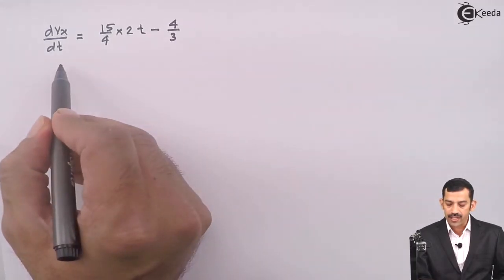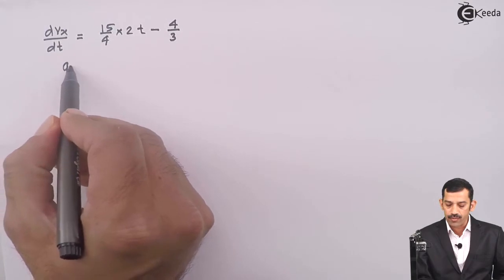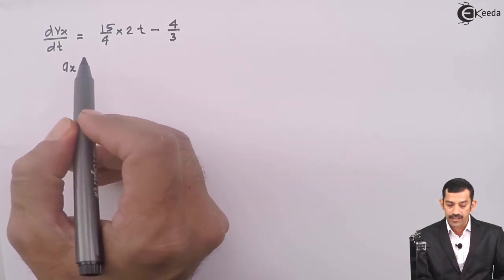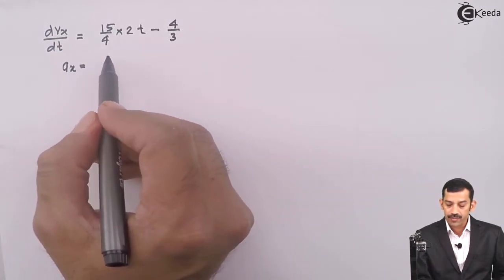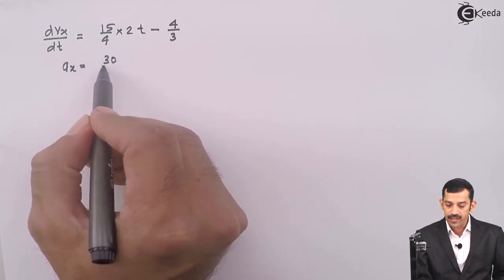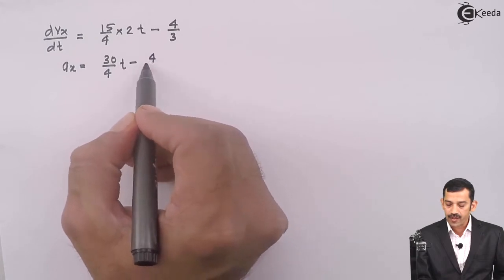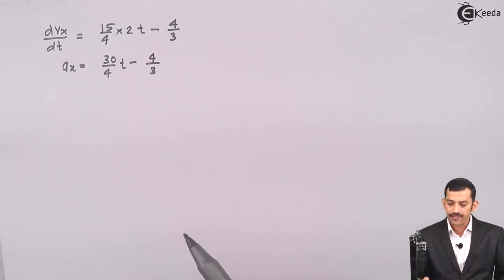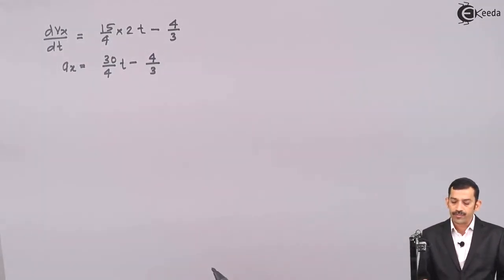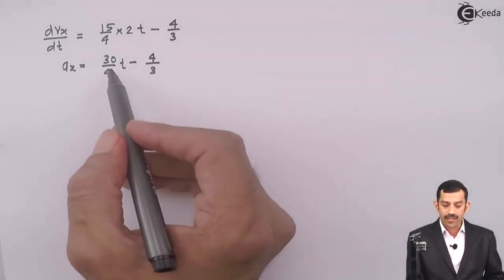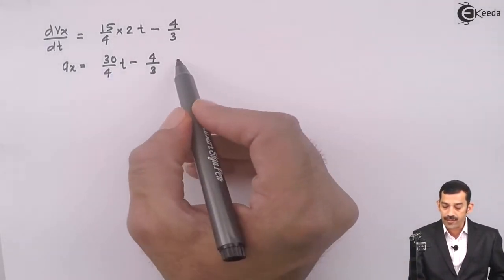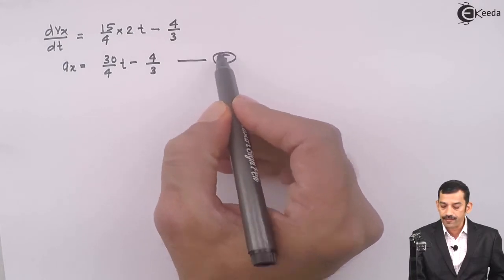That means dVx by dt is the component of acceleration along the x-axis. 15 into 2 is 30 divided by 4, t minus 4 by 3. This one is also written as 7.5 t minus 4 by 3. Say this is equation number 5.